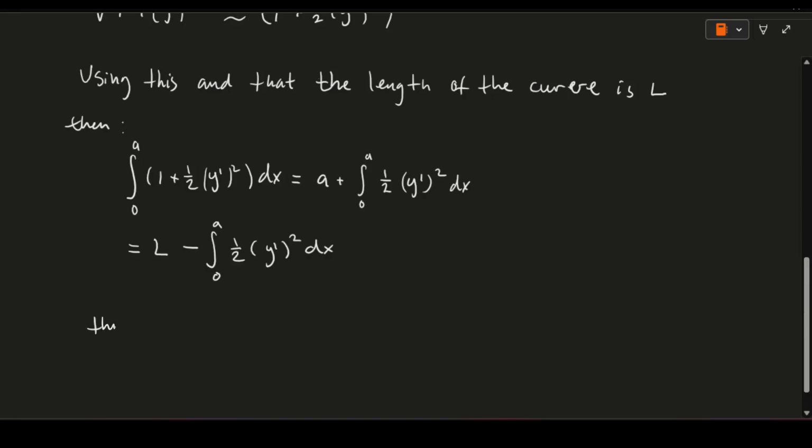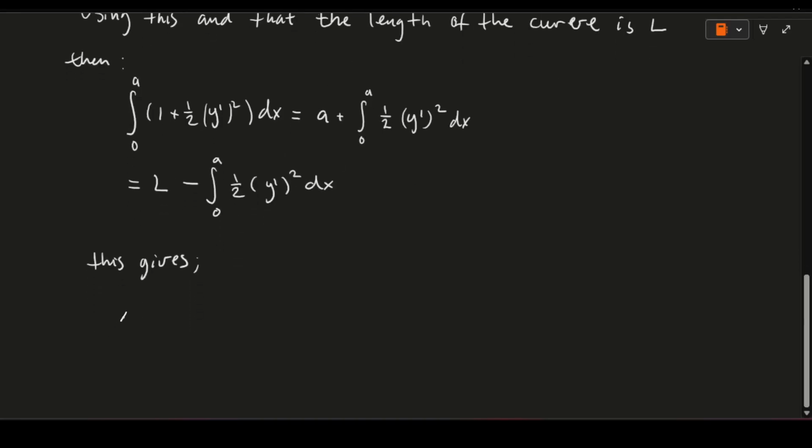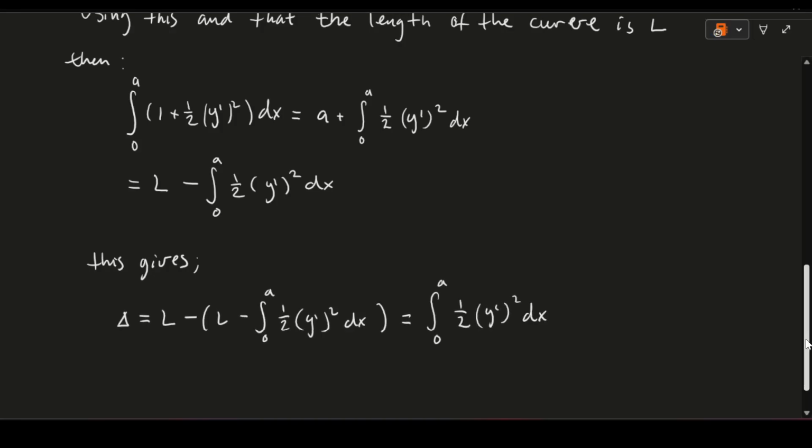This gives that delta is equal to L minus a, which is equal to the integral from 0 to a of 1/2 y prime squared dx.